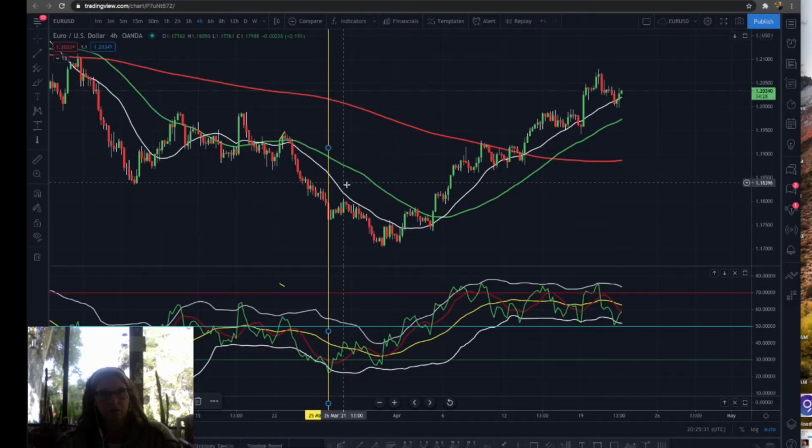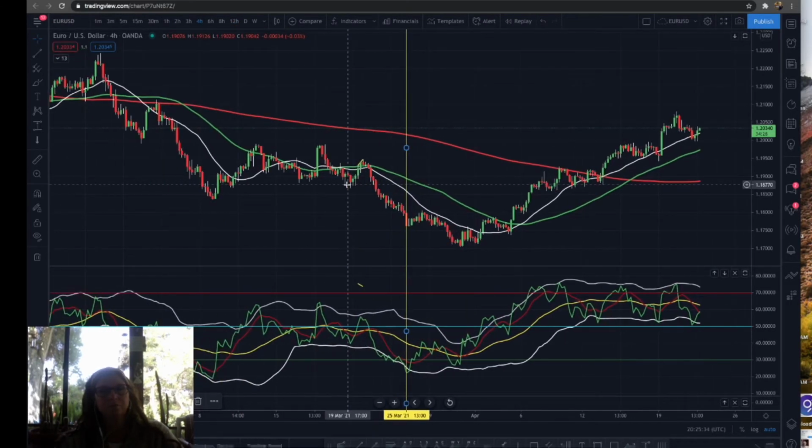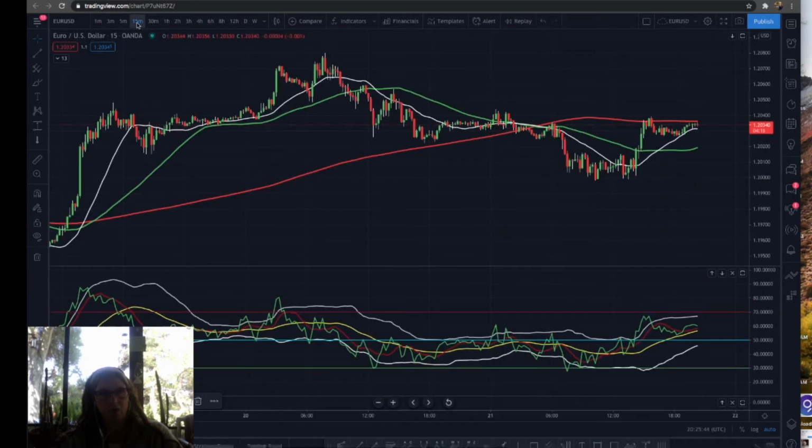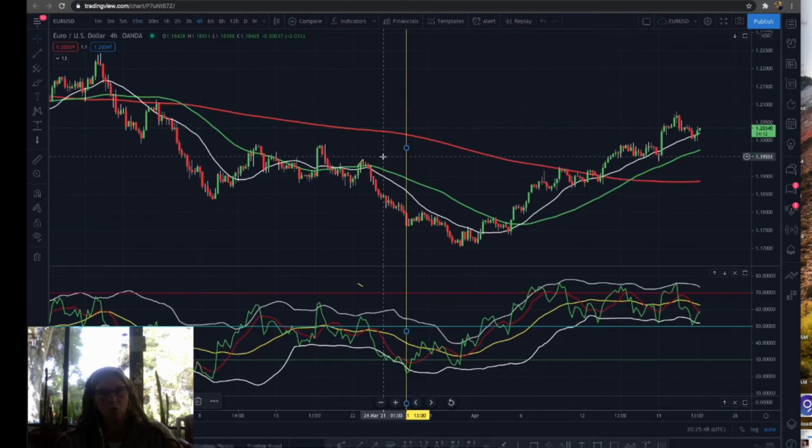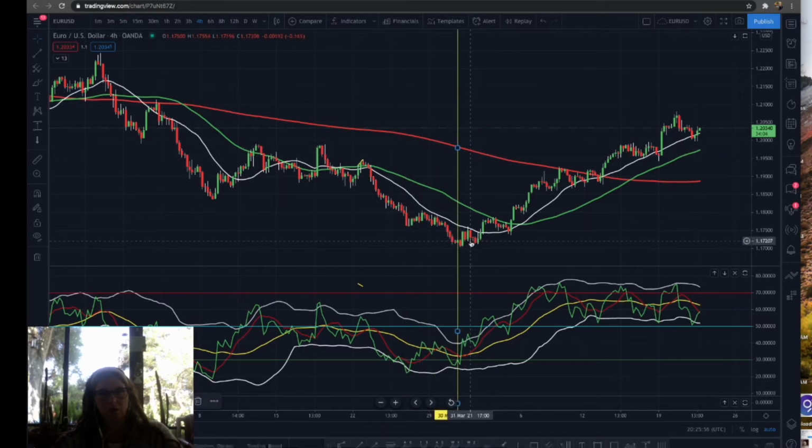Okay, so let's go over along. What are the rules? So if you're going to start out on the 15-minute time frame, you're going to move up to the 4-hour and see what is our trend. Our trend is now to the upside. Well, you wouldn't see this. Okay.